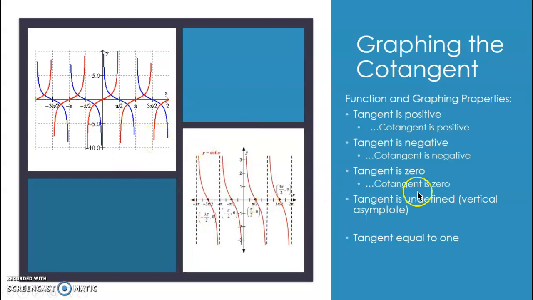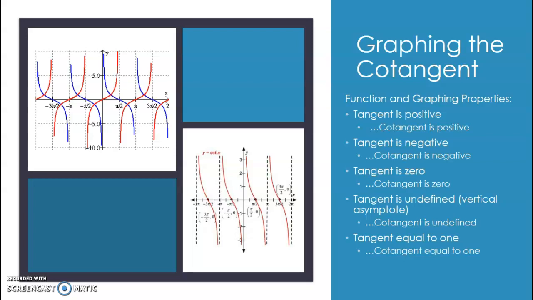So when tangent is 0, cotangent is 0, and when tangent is undefined, cotangent is undefined. And when tangent is equal to 1, then cotangent is equal to 1.